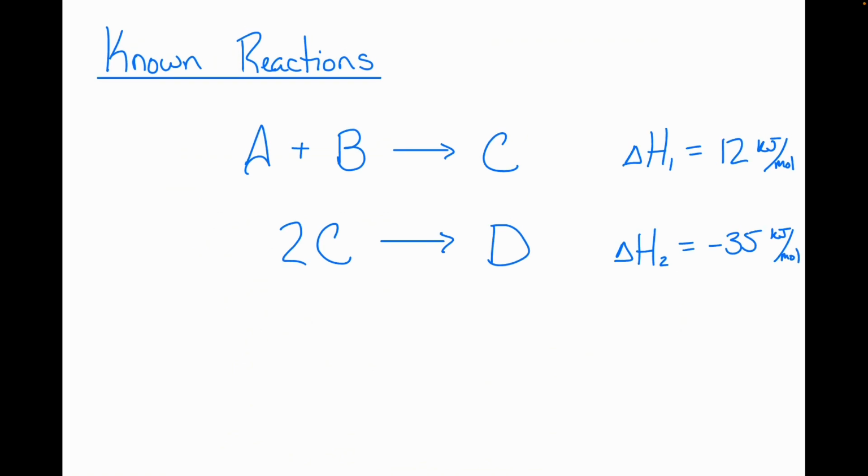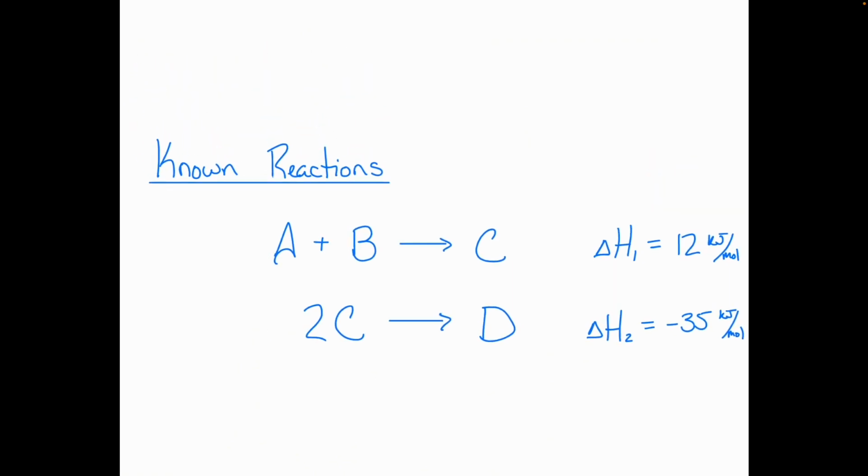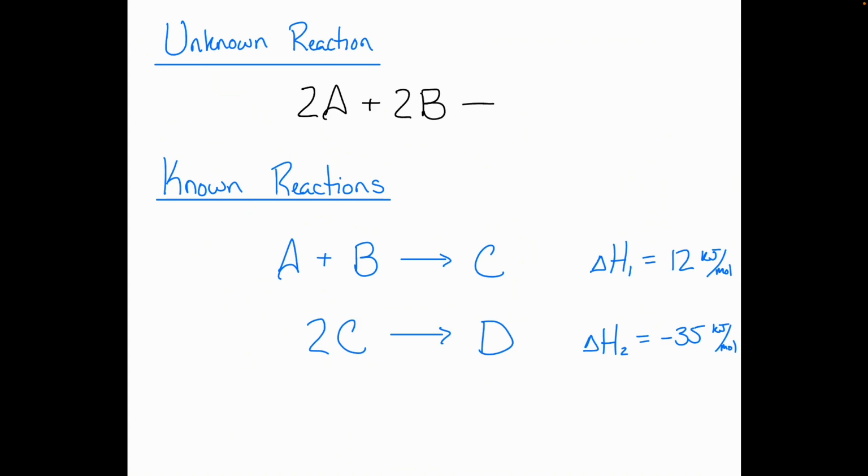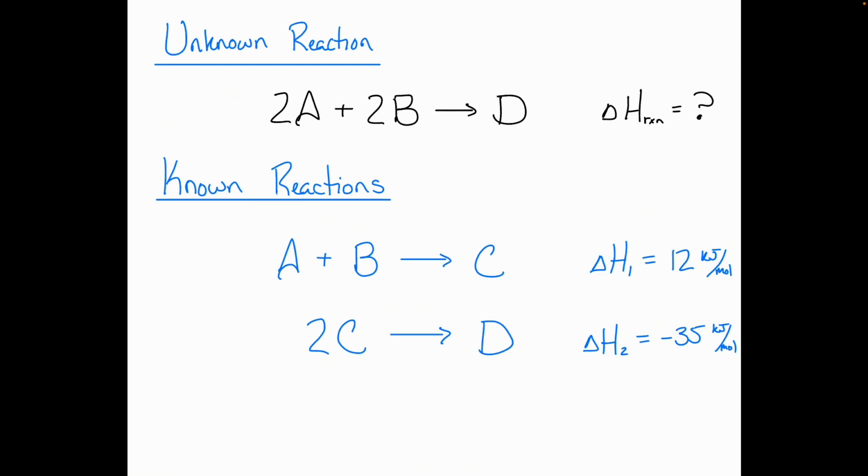All right, and I want to use these two known reactions to study this unknown reaction, where 2A plus 2B gives us D. And this is what I don't know here.